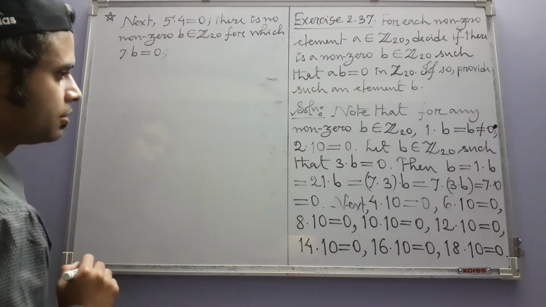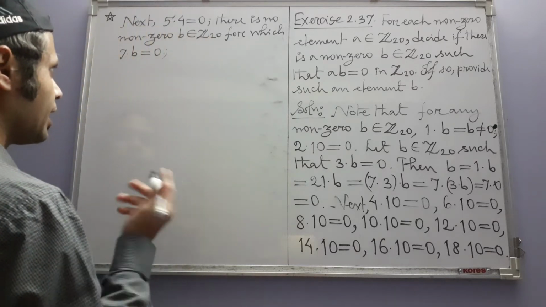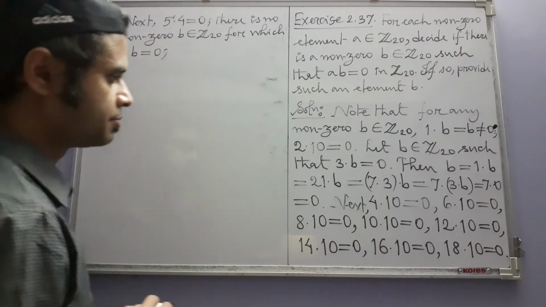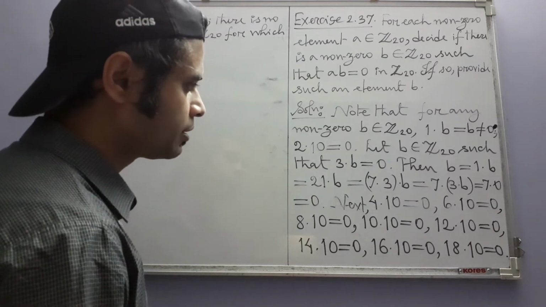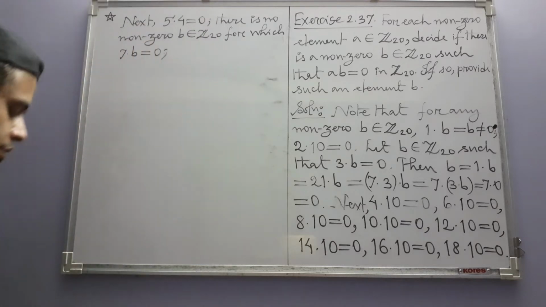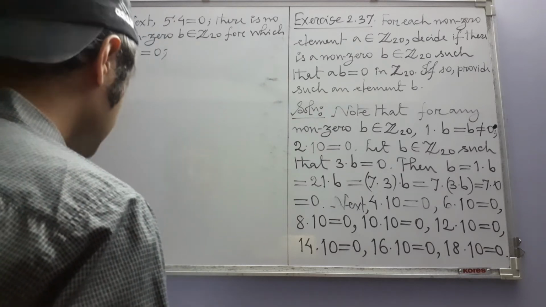Next, 9. For 9 also the same thing. Is it really the same?